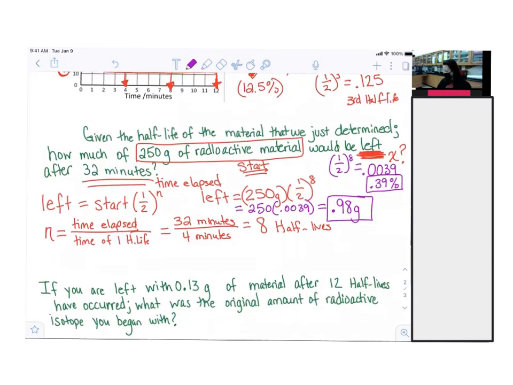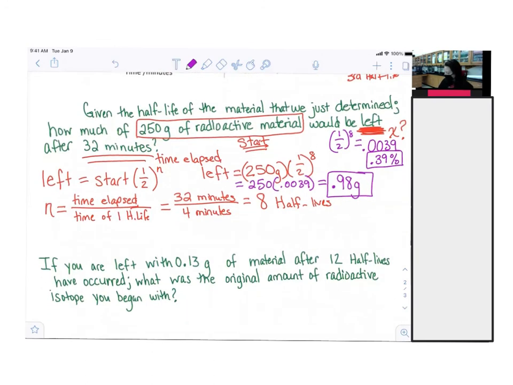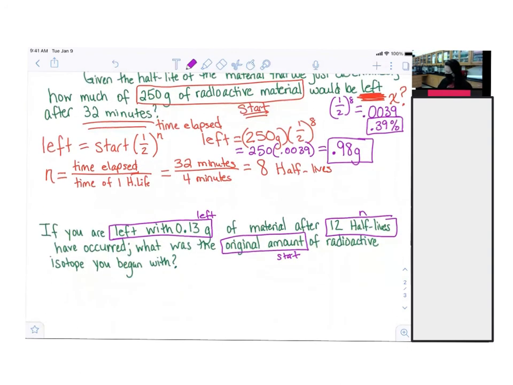So our next problem says, if you are left, so this is the amount I'm ending with, after 12 half-lives, so here's our n, what was the original amount? So how much did we start with? So same equation.